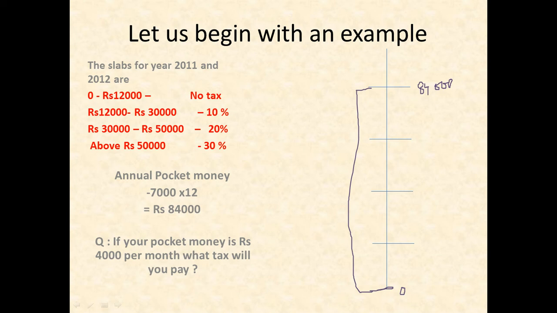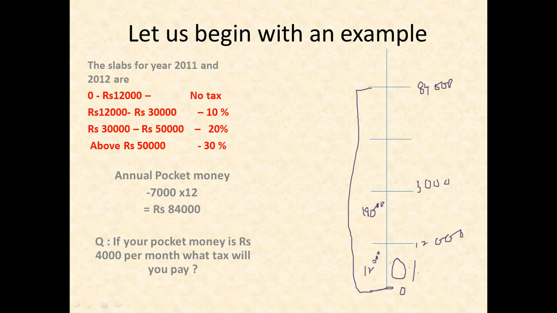Now if you look at this, from 0 to 12,000, this is your income, the first 12,000, you pay 0 tax. The first 12,000, the income tax is 0%.